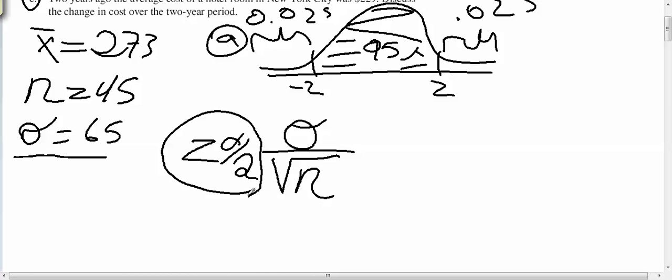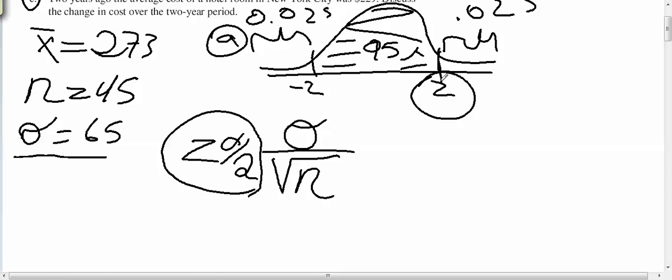Well, that means the z value for one of the sides. In order for you to get that, all you have to do is find the z value on the right. How do you find that?